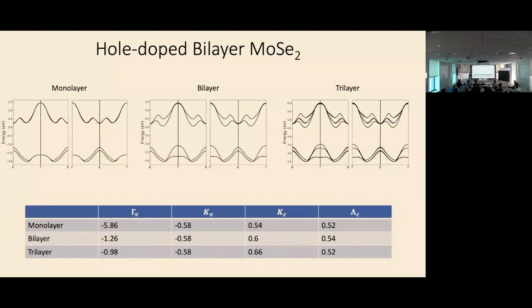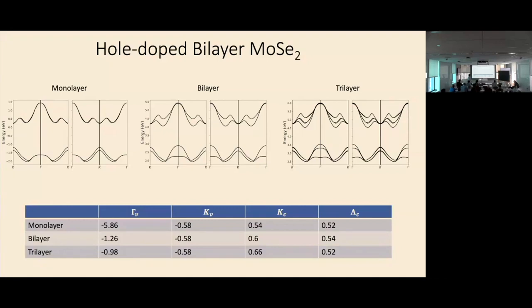What we found is that for monolayer MoSe2, the K-valley has a mass of about 0.5, but the gamma valley actually has a very large effective mass for holes. However, for the monolayer, the gamma valley is very deep. So when you dope holes, it's not accessible, so it's not very useful.